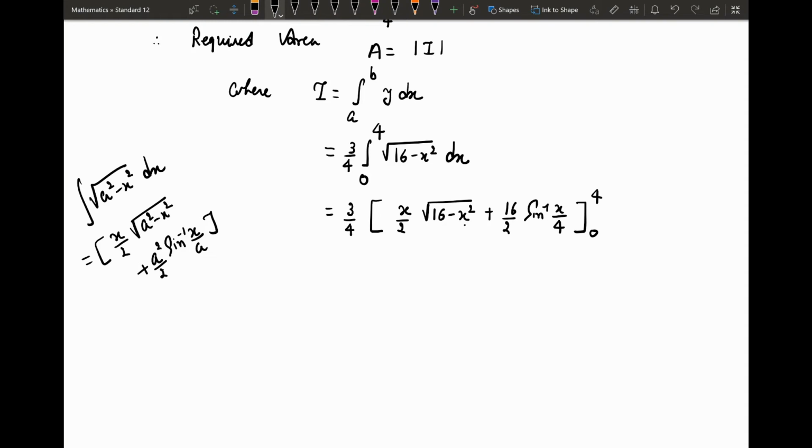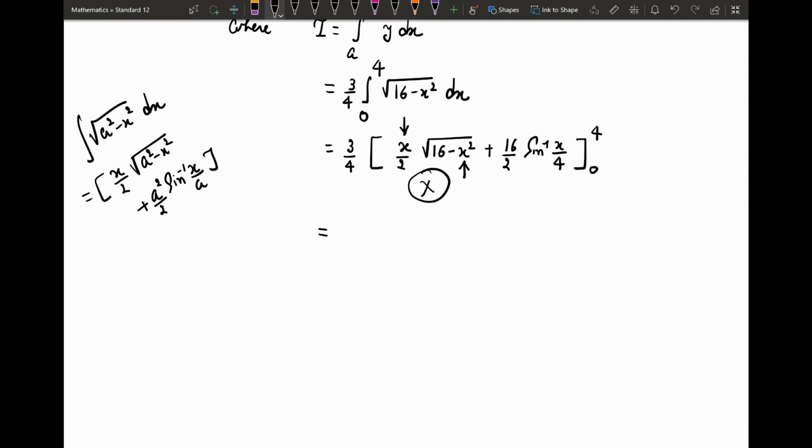Here when we put upper limit x equal to 4, 16 minus 16, so the first term will be 0, and in the case of lower limit, when we put x equal to 0, this term will also be 0. So in the case of upper and lower limit the first term vanishes. Now put the upper limit in the second term: 16 by 2, that is 8, sine inverse x by 4, minus the lower limit. When you substitute the lower limit, sine inverse 0 is 0, so this term will be 0.